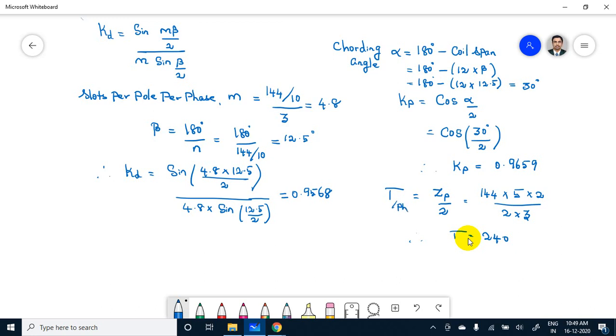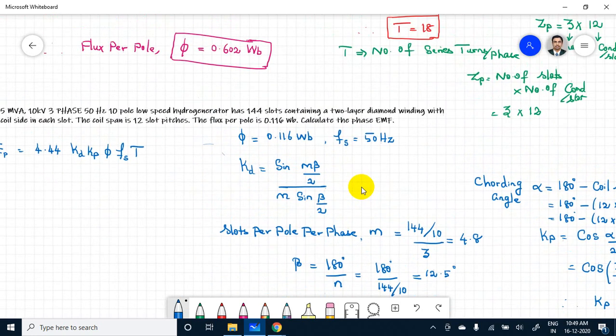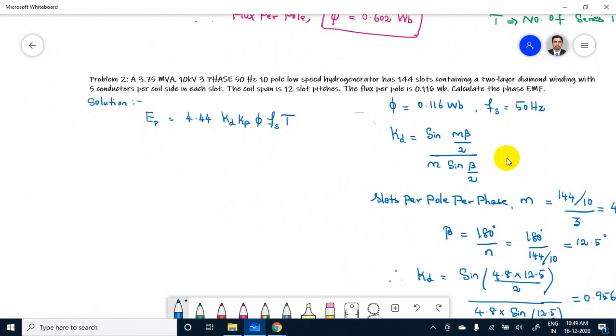Okay, so all these parameters you are now going to substitute in our formula. Therefore Ep equal to 4.44 into 0.9568 into 0.9659 into 0.116 flux into 50 into 240.